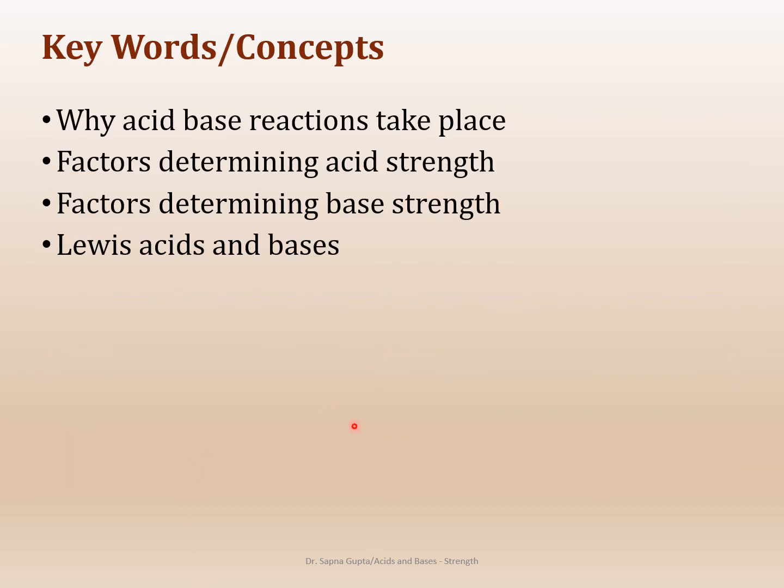To wrap this up, this is what you should know from this presentation. You should be able to tell me why acid-base reactions take place. You don't have to memorize pKa values, but if you remember all the factors that determine acid strength and base strength, then you should be able to predict if a reaction will take place or not.